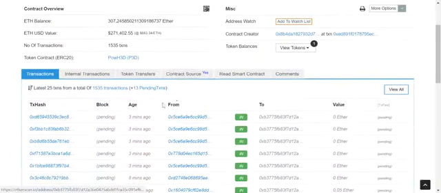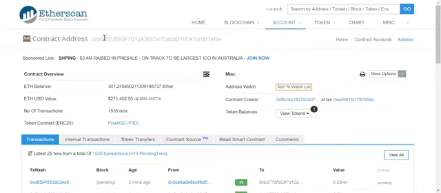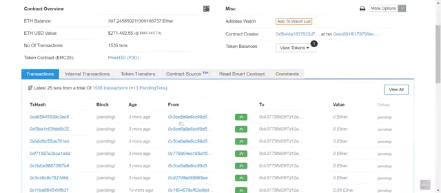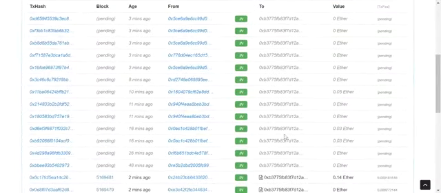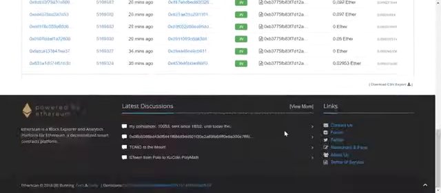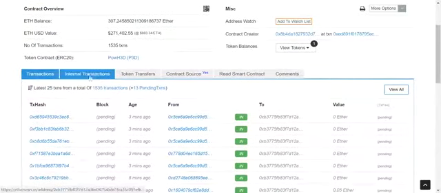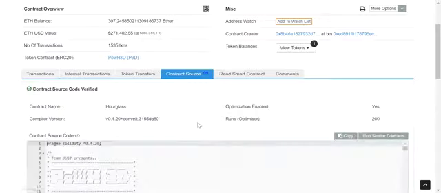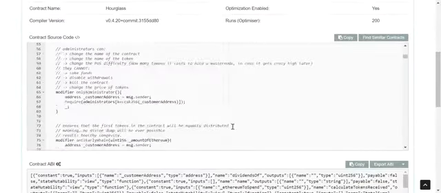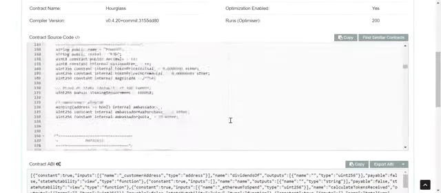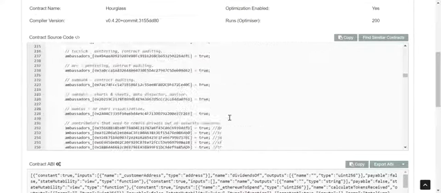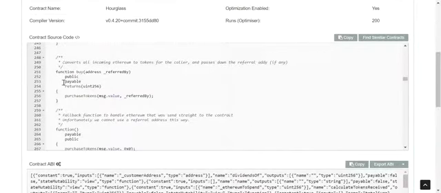So here's the Ethereum blockchain explorer, and you'd want to get comfortable with this and see what's going on here. You can see all the transactions that are going into the contract, right? The contract source, if you want to look at the source code for everything that happens. Let's take one of these functions: function buy.